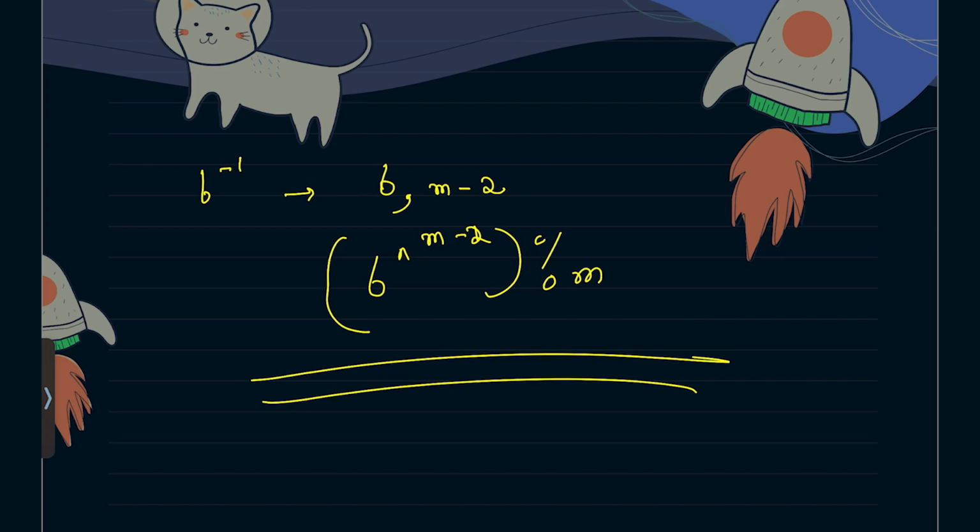So Fermat's little theorem states that if the modulo is a prime number, then b inverse is b raised to the power prime minus 2, and we would have the answer.